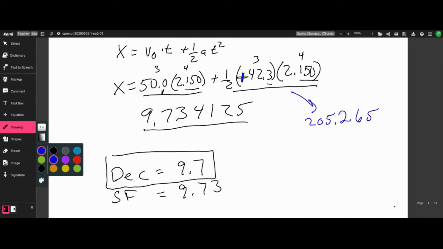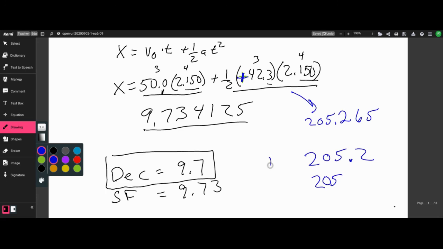Now, same rules apply. 1 decimal, 3 sig figs. You could have the 1 decimal method, you could have the 3 sig figs method. So in terms of decimals, you would have 205.2, and in terms of significant figures, you would only have 205.